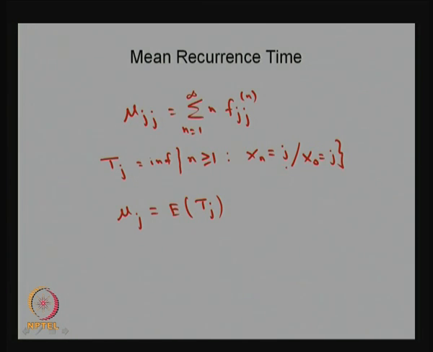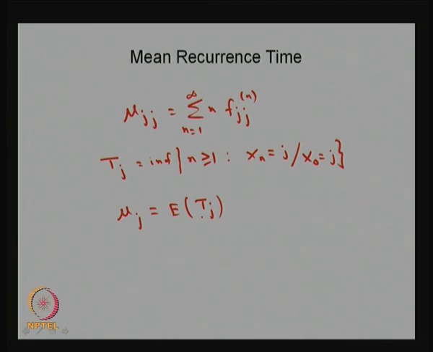The t j gives the step that denotes the first return time. Therefore, the expected first passage time, you can write as mu suffix j. So, mu suffix j and mu j j are one and the same. In one case you find the distribution and use it to get the mean, and here you find the time and the average time using the expectation of t j. So, in both ways one can define the mean recurrence time.